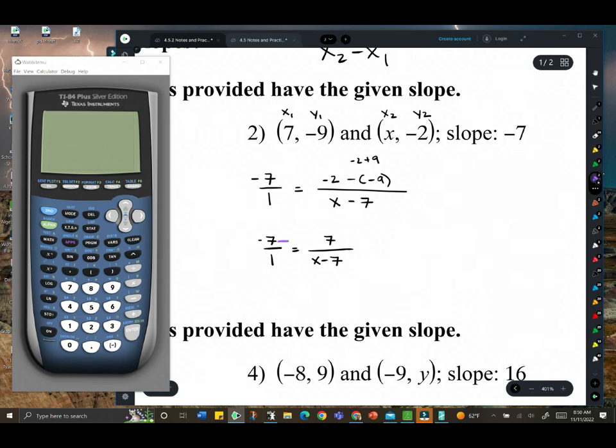One thing to note with this one, when you distribute, it is negative 7 times the quantity x minus 7. So that is going to be negative 7x plus 49. When you cross multiply and you have to distribute that, you just need to be careful. Then you just have 7.